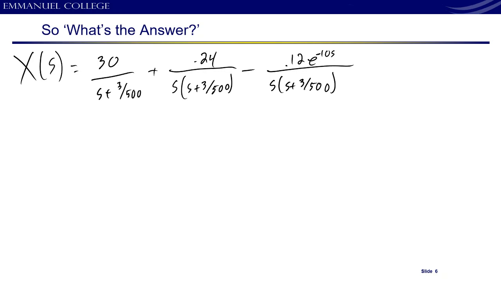And now this is where the Laplace transform is useful. After doing this, what I have to go off of is there are Laplace tables of just some common Laplace transforms. So you go to your table and use a little bit of the theory.